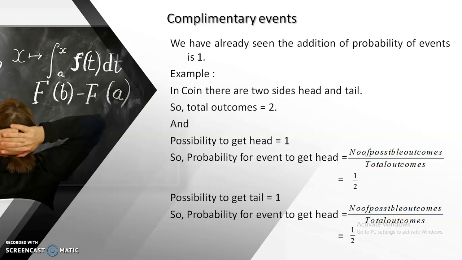So total outcomes are 2, and for getting a head the number of possible outcomes is 1. So the probability of the event of getting head equals 1 by 2, and the probability of getting tail is also 1 by 2 because the possible outcome is 1. This is familiar, right?